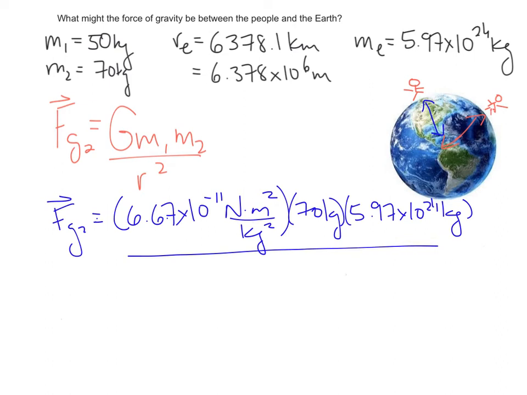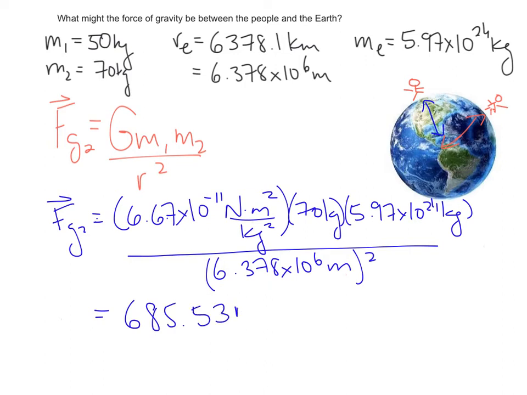Over, and then your distance between the Earth and the guy is going to be the radius of the Earth, which is 6.378 times 10 to the 6th meters, and that's squared. Okay, that comes out to 685.53 newtons.